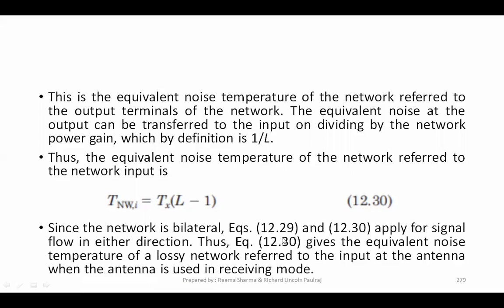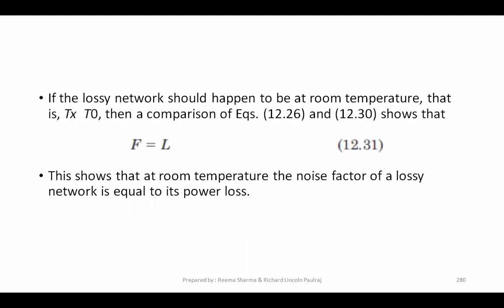Thus equation 30 gives the equivalent noise temperature of a lossy network referred to the input of the antenna, where the antenna is used in the receiving mode. So ultimately we have to take care that all the system losses are taken into consideration.